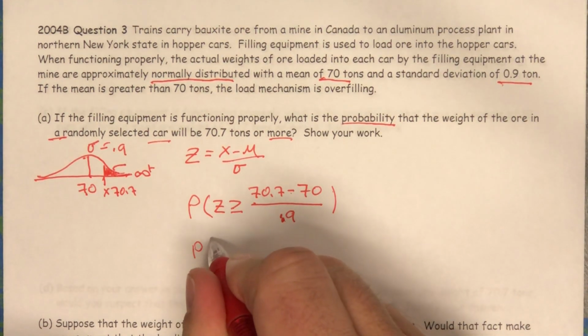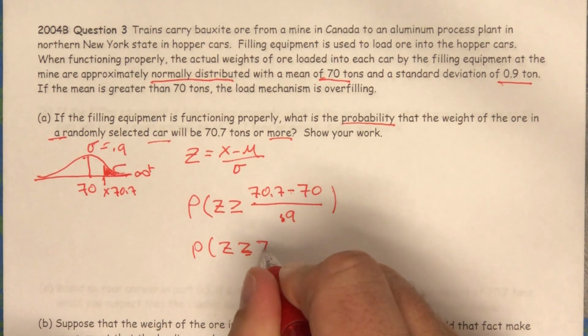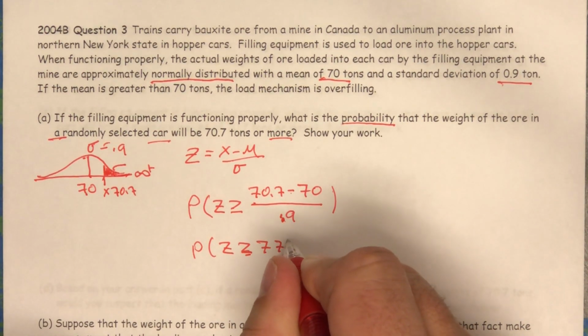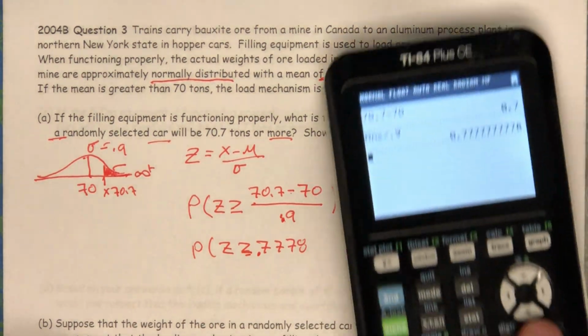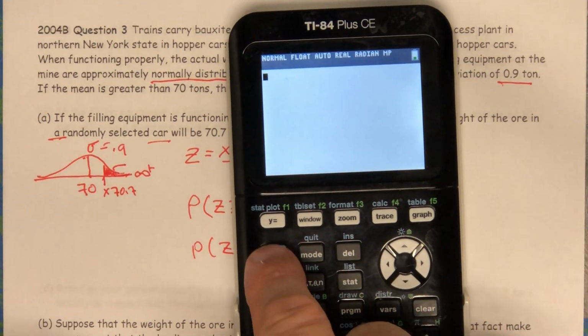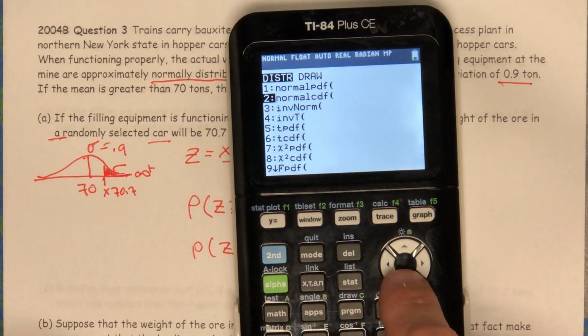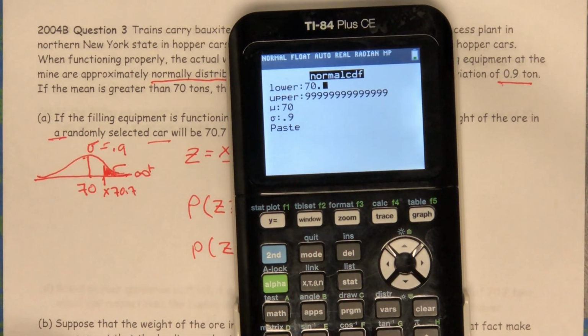So I want the probability that Z is greater than or equal to 0.778. I'm going to use my calculator: second VARS, normal CDF. My lower is 70.7.